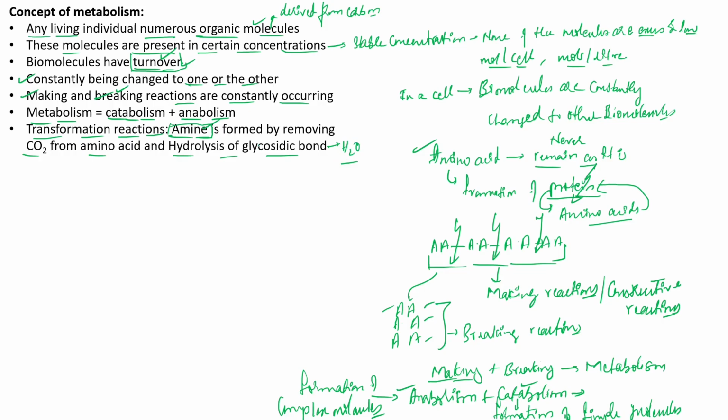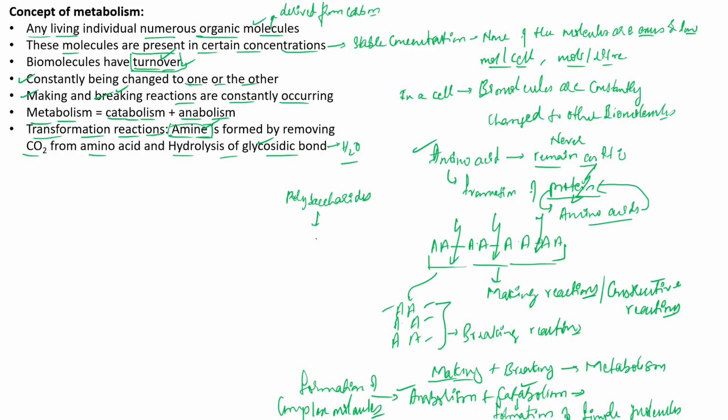So hydrolysis of a glycosidic bond. We all know where you find the glycosidic bond. Glycosidic bonds are mainly formed in carbohydrates, that is, polysaccharides.